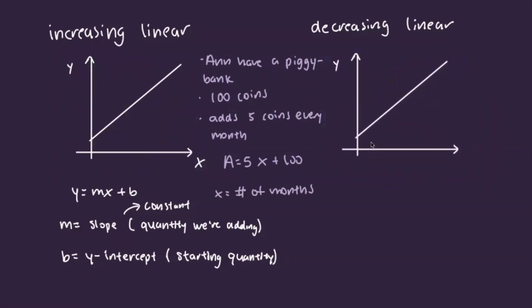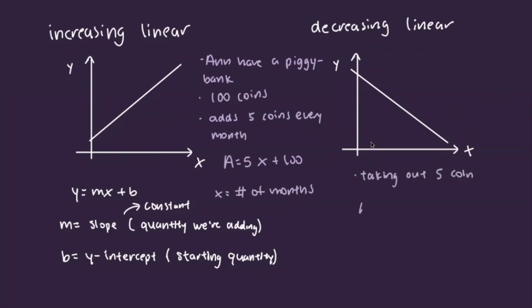Let's take a look at decreasing linear. Instead of going up, the slope is going down for decreasing. Which also means that instead of adding coins, Anne would be taking out 5 coins.